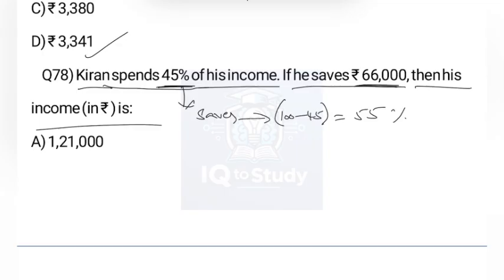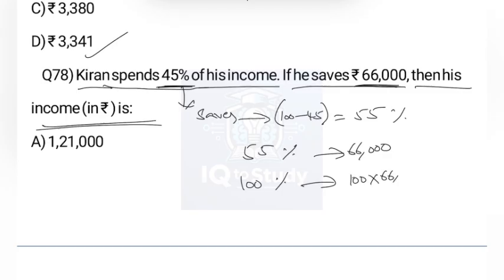We have to find his income. So, if 55% is equal to 66,000, then 100% is 100 into 66,000 divided by 55. That is equal to 1,20,000.